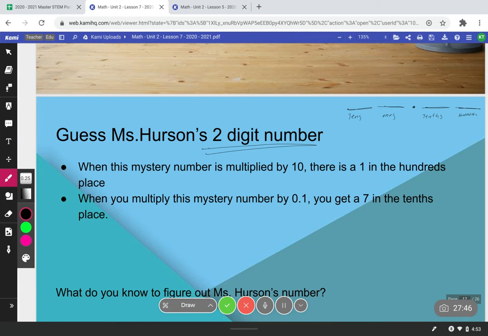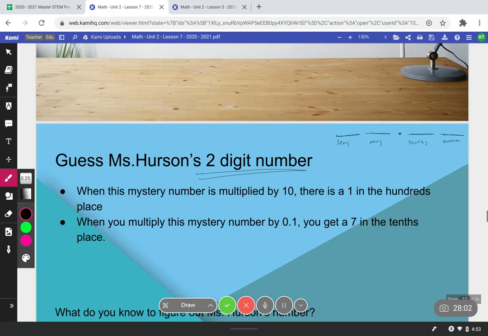So let's begin with the first clue. When this mystery number is multiplied by 10, there is a 1 in the hundreds place. Okay, so we have the original number, and when it was multiplied by 10, there's a 1 in the hundreds place.